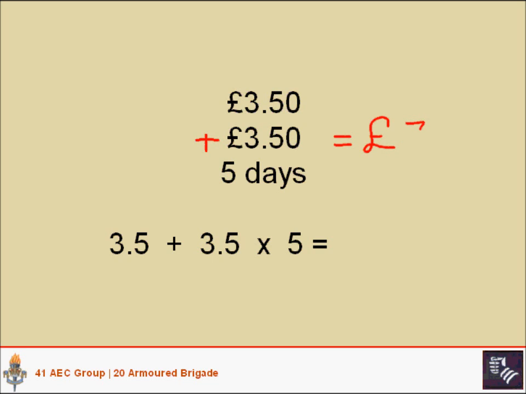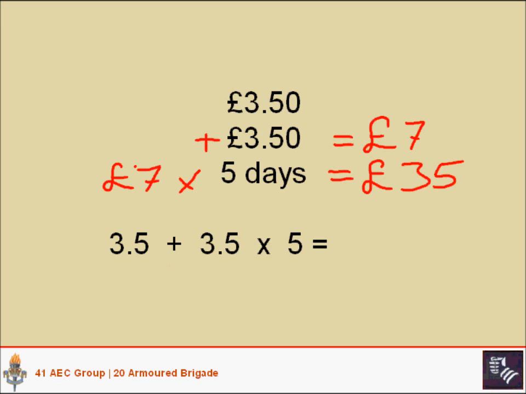However, to budget for fuel, you need to work out what it costs you per week. So we now have to multiply by 5 as you work 5 days a week. Therefore, 7 times 5 equals 35. It will cost you £35 a week for fuel.